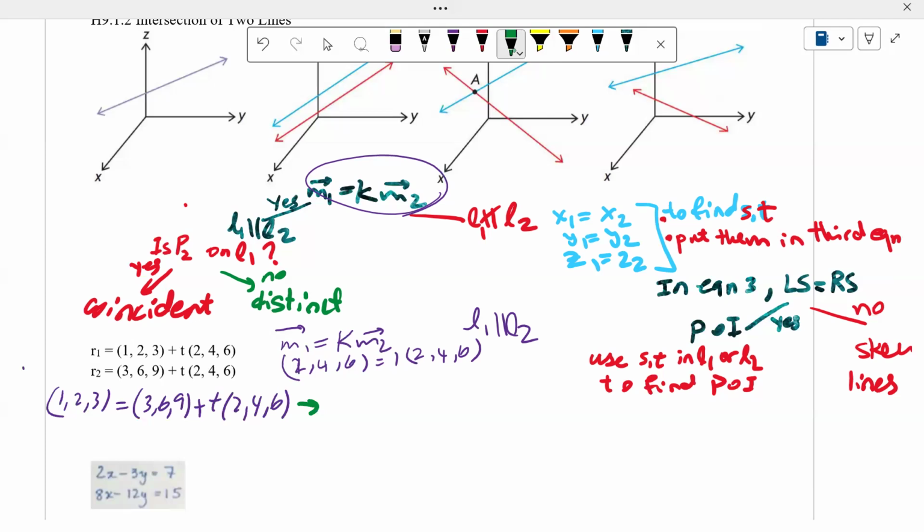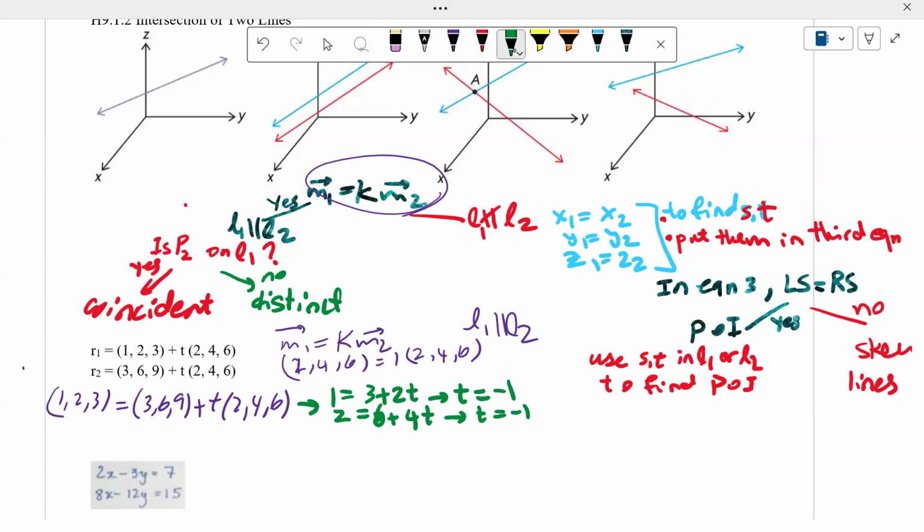So if I continue with this, I get 1 is equal to 3 plus 2T, and this goes to the other side, so T becomes minus 1. For the second one, 2 is equal to 6 plus 4T, and this becomes 2 minus 6, which is minus 4, so again T is equal to minus 1.